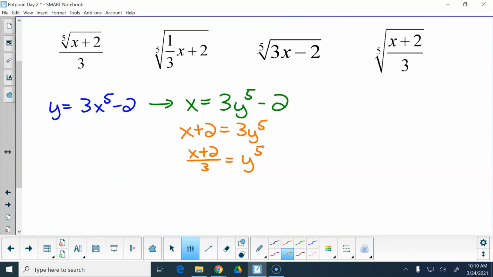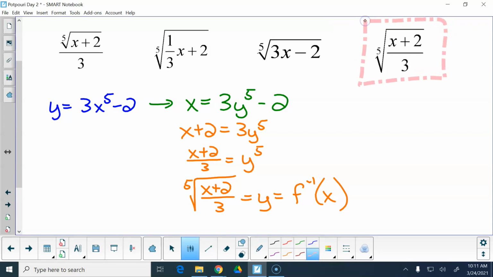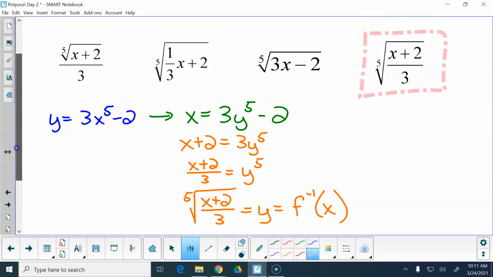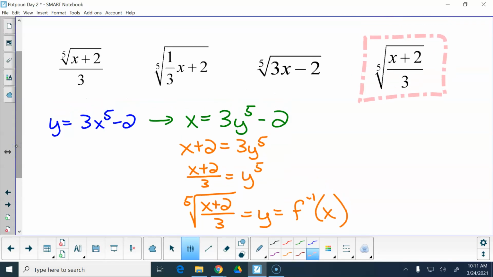And take the 5th root of both sides. So I get the 5th root of the quantity x plus 2 divided by 3. I got that one as my inverse function. Agree? Love it.